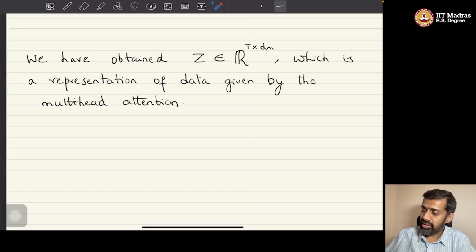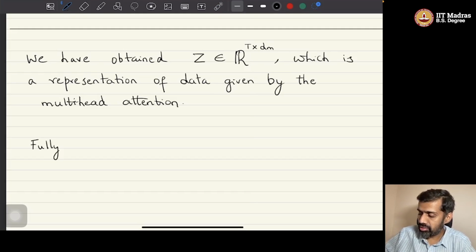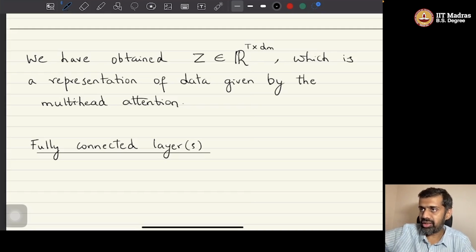So once the multi-head attention layers are applied, you have a fully connected layer, or sometimes there can be multiple fully connected layers as well. That's mostly a design choice, and it's a typical fully connected layer.